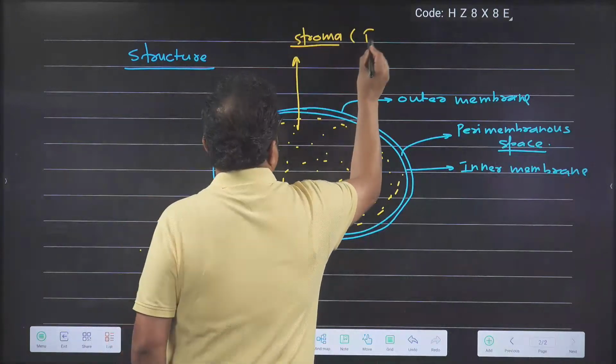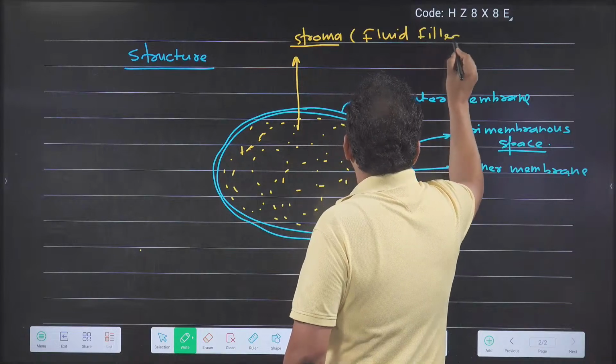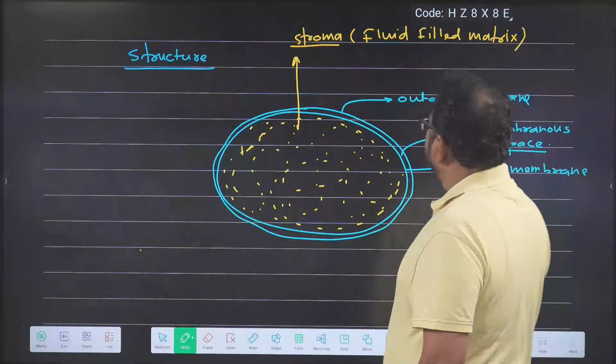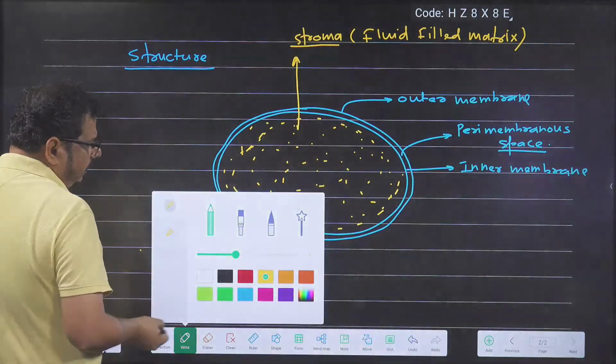Stroma is what basically? Fluid filled matrix is a stroma. Got the idea? Is it clear?